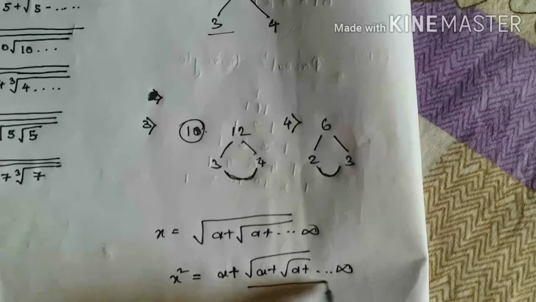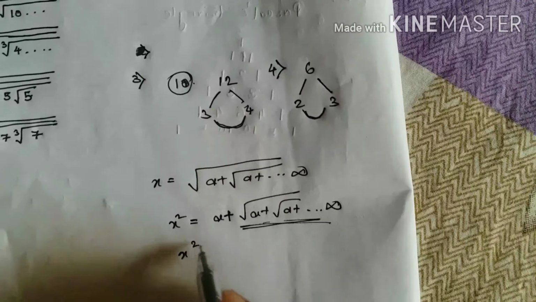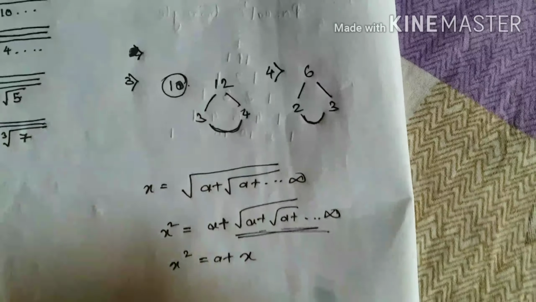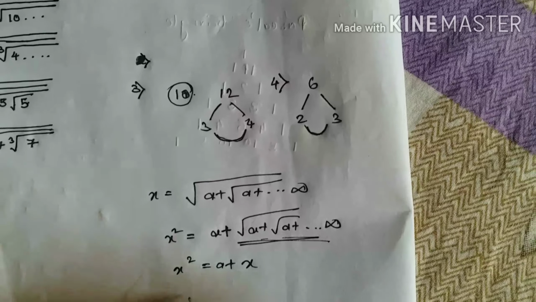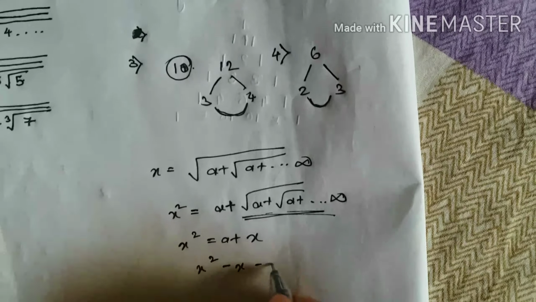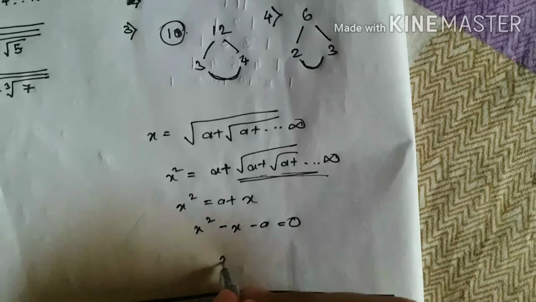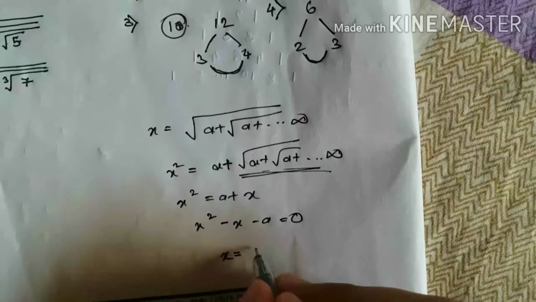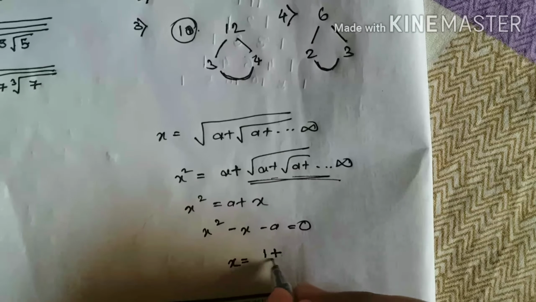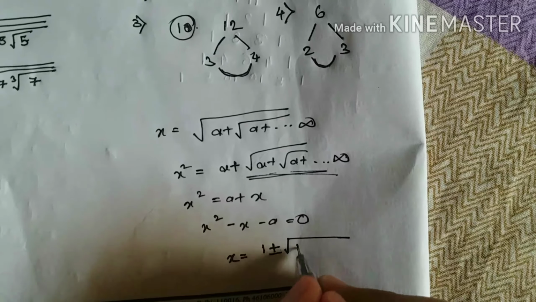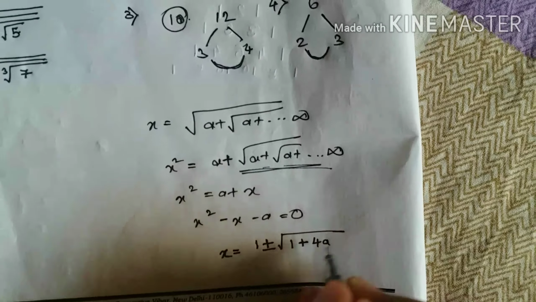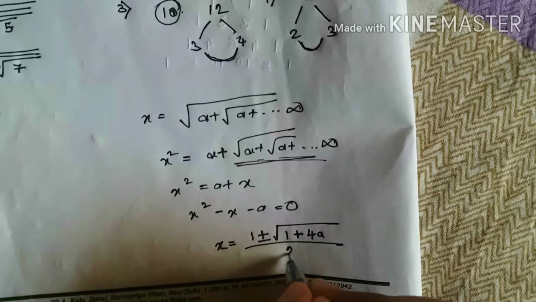Now see, this is actually x only, so we can write x square is equal to a plus x. Okay, so now just solve this quadratic equation. x square minus x minus a is equal to 0. Using Sridhar Acharya's formula, we will find that x is equal to 1 plus minus root over 1 plus 4a, by 2.